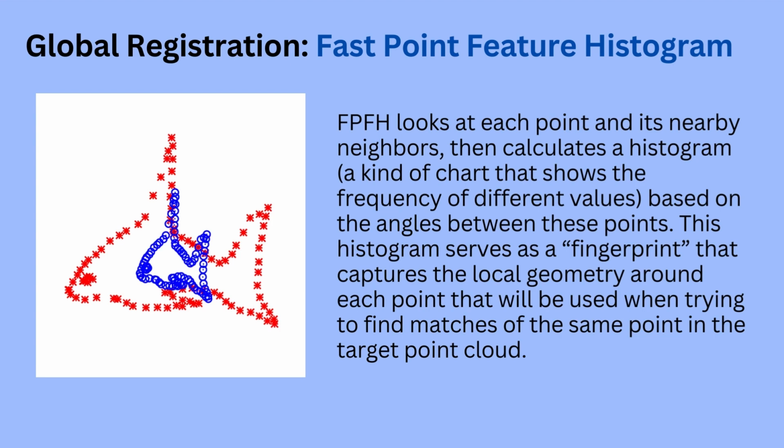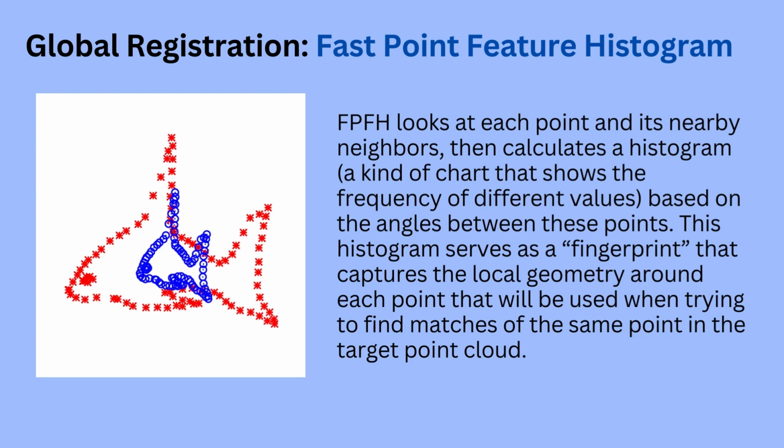We're talking about how the object looks, its geometry locally. And then this histogram will serve as a fingerprint around each point that will be used when trying to find the matches of the same point in the target point cloud.